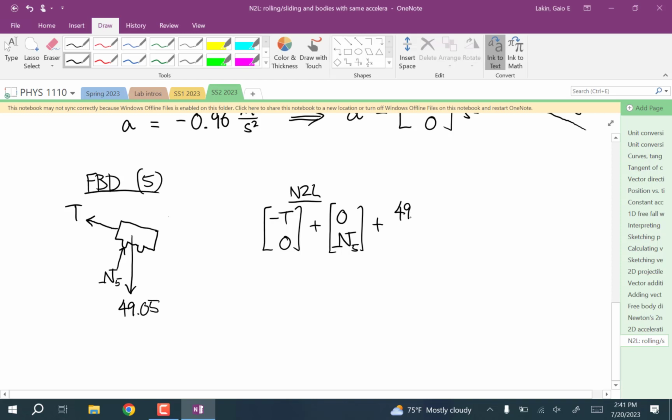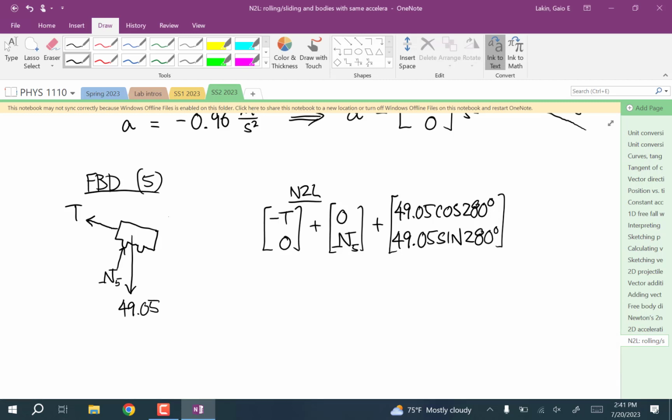So this is 49.05 times cosine of 280, and 49.05 times the sine of 280. That's all the forces. Now pause the video and put in the right side of Newton's second law.